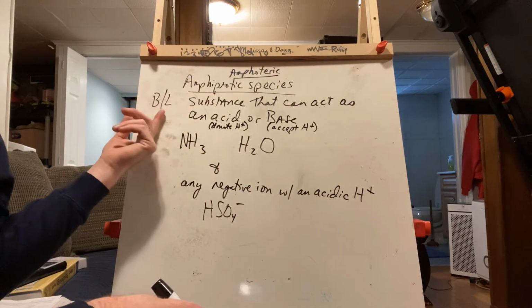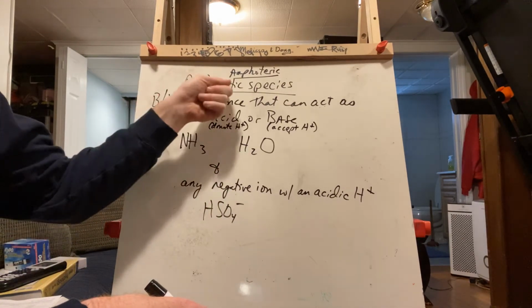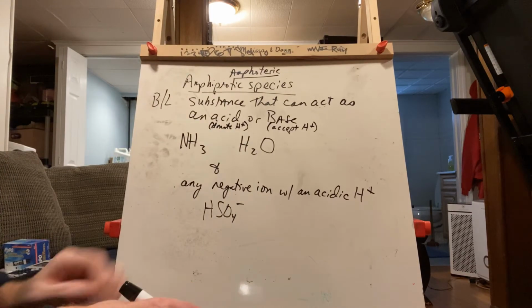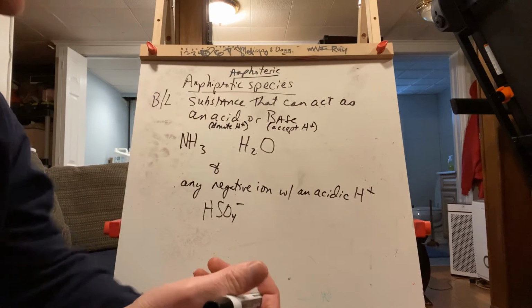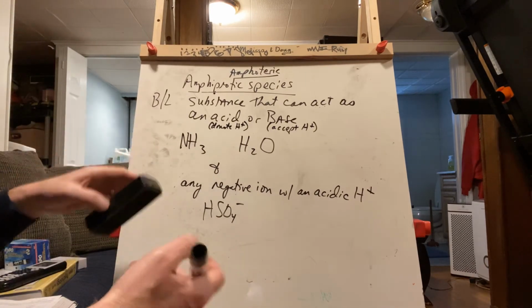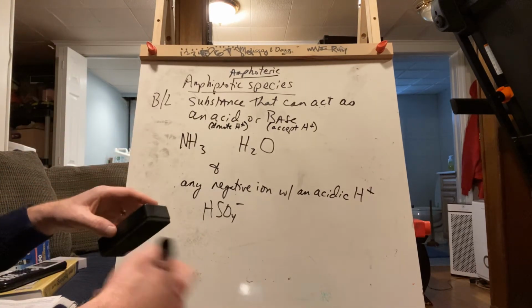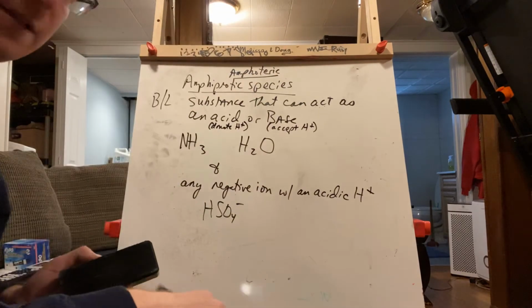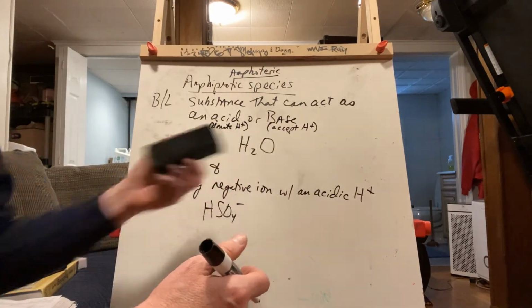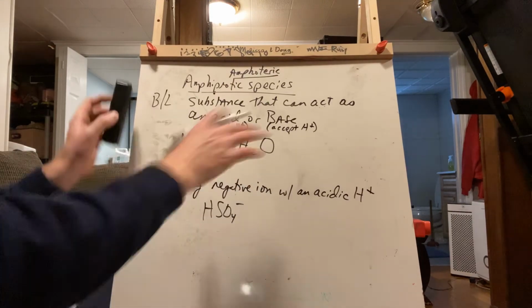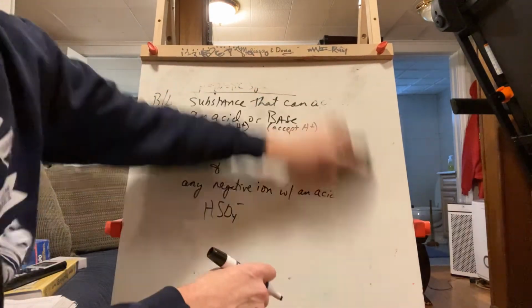Amphiprotic species are things that can do both with protons. So that's a good way of thinking about it, and it's a nice little algorithm you can pretty much always use. The classic question you'll get is, tell me the thing that's amphiprotic, and it's usually one of these. Okay, that's just an extra side.